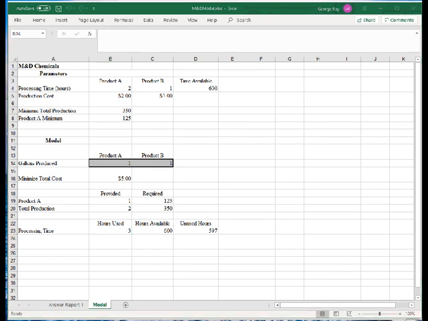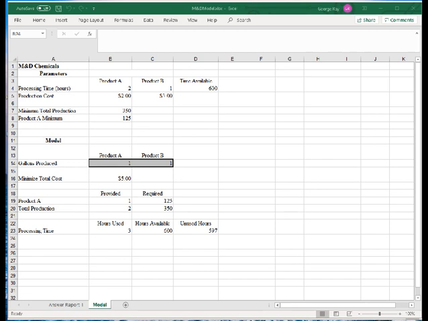So this is the model we've got set up. To provide the solution for the minimum cost production schedule, we're going to define our decision variables and, of course, the objective function. The decision variables are the quantity of product A and the quantity of product B, and those are in cells B14 and C14.